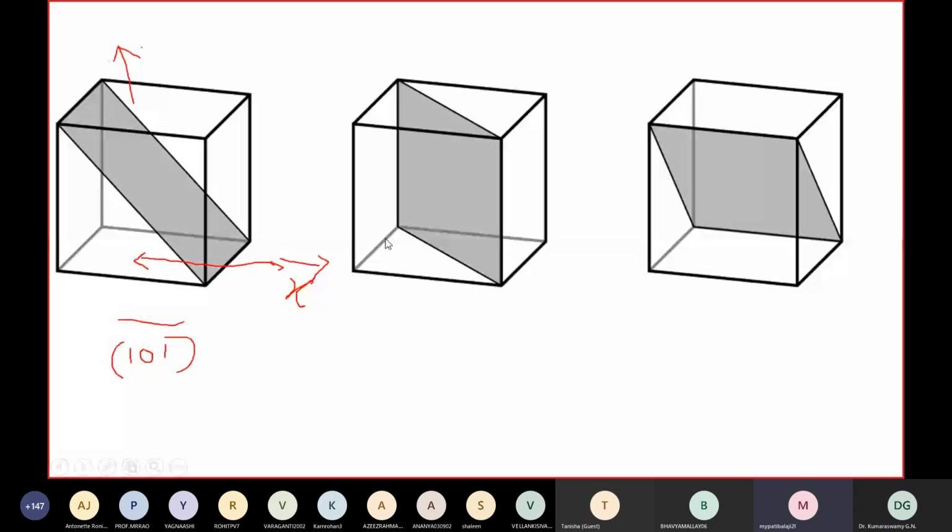So here, the problem is with this diagram. If we fix this point as origin, then suddenly we are going to find the HKL value in terms of infinity. Because it cuts or intercepts the x-axis and z-axis at 0, 0.